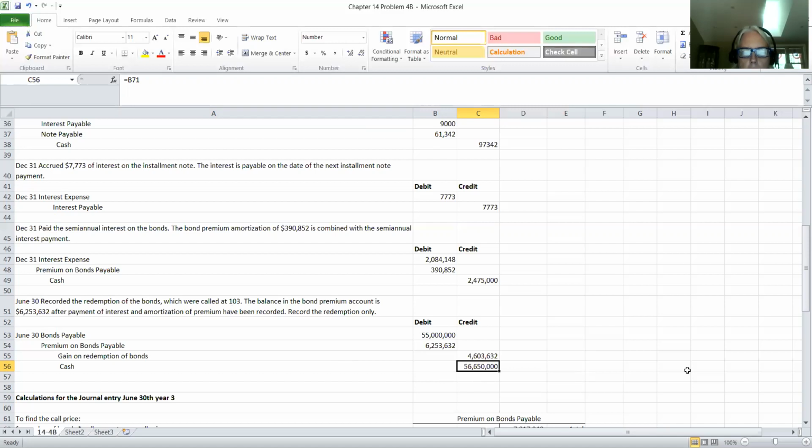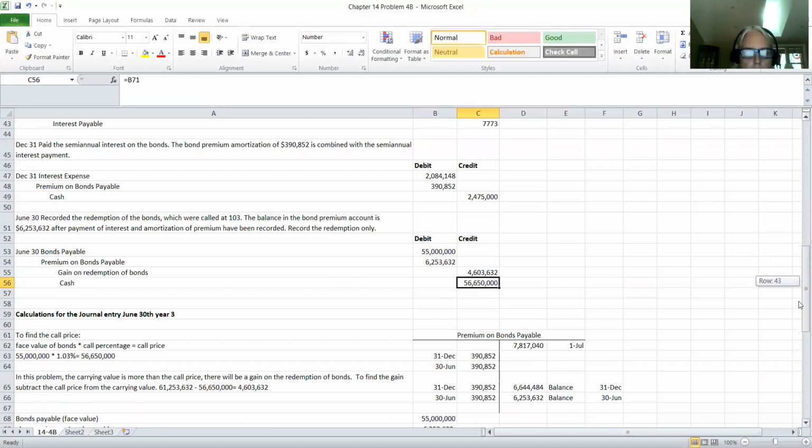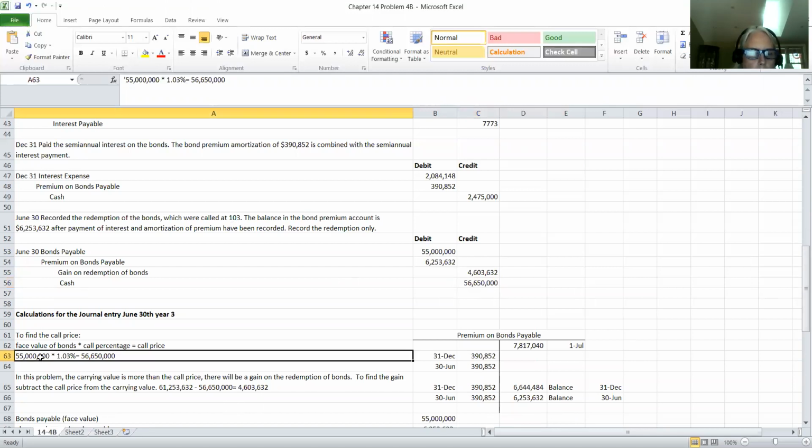That's how we figured up the 56,650. In other words, I've calculated that for you right here. 55 million times 103% is 56,650. That's how we get that cash amount. That's the callback price.